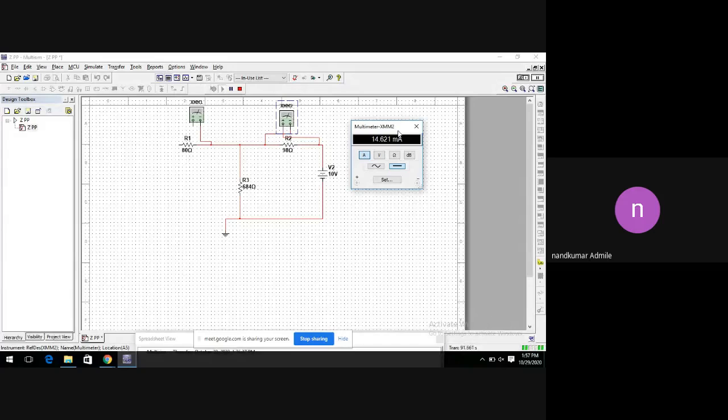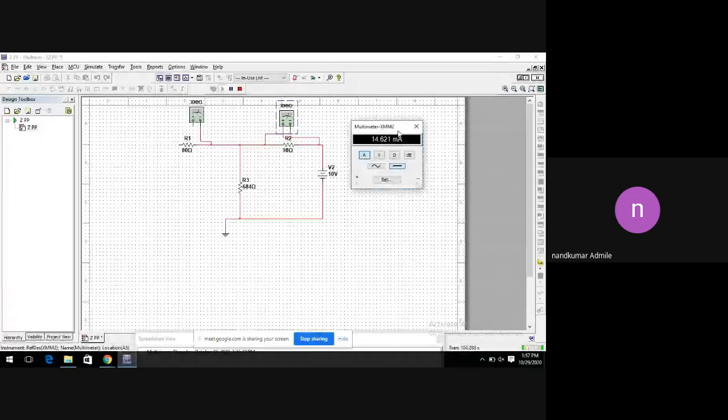Obviously, if we change the values of voltage or resistor, the values of current also change. So depending on V1, V2, I1 and I2, the values of the Z parameters also change.